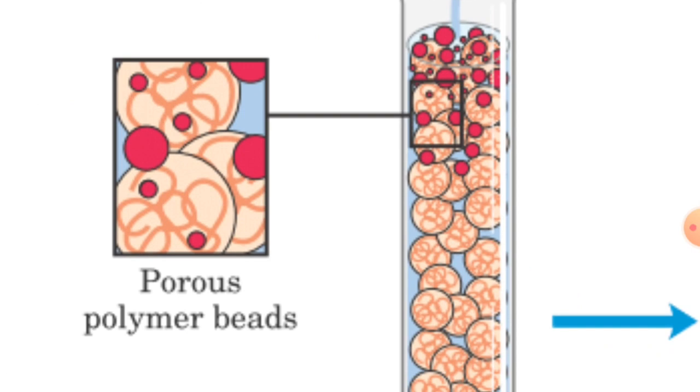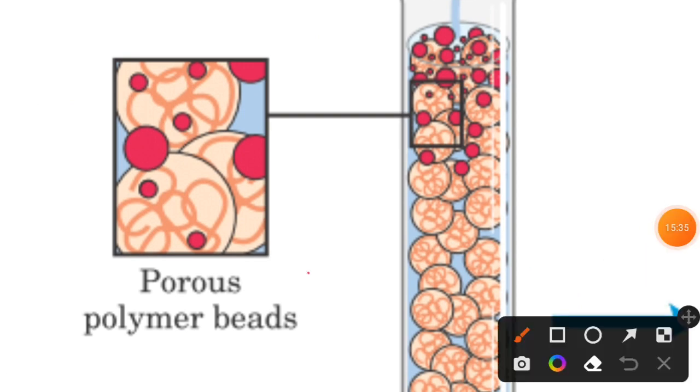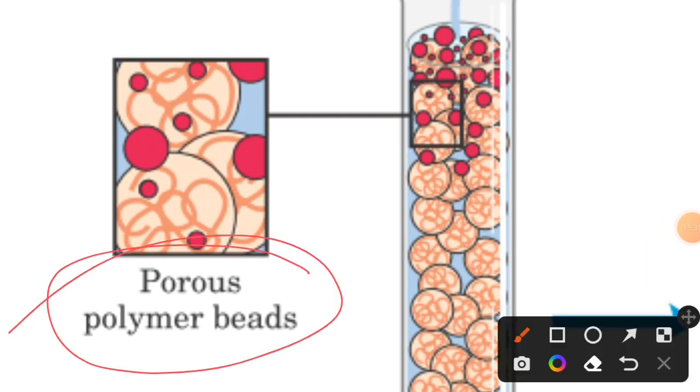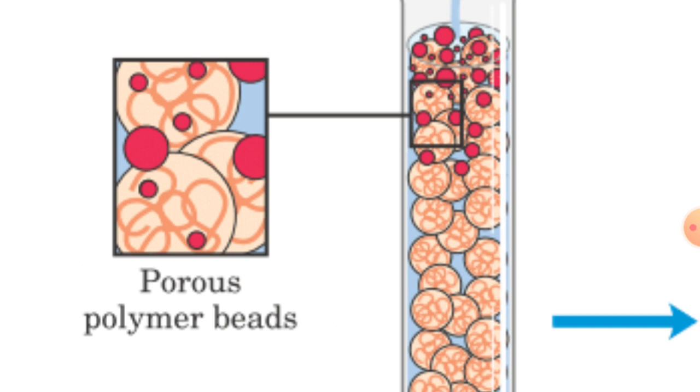So here we are using porous polymer beads as a solid matrix. Okay, so I am repeating that here we are using porous polymer beads. And in case of ion exchange column chromatography, we used a porous solid matrix. This porous solid matrix helps us to separate proteins on the basis of the different properties that we have chosen, right?